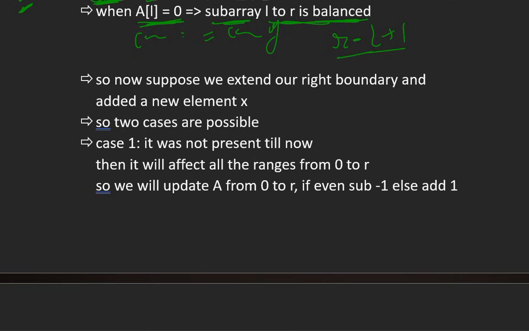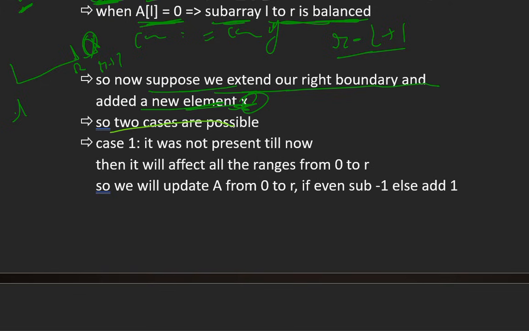Now we will use this intuition to formulate our approach. As we have fixed our right boundary, suppose we have to extend it. Suppose earlier our subarray was from L to R, then we increase R by 1 and we get a new element, which we call x.